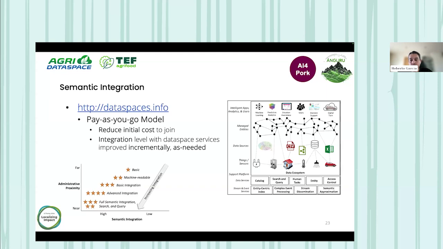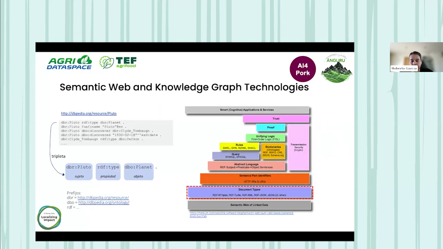So you can share the data in whatever format you have it, and it is later where you will put the effort for the semantic integration of all that data, trying to identify patterns, based on the interest of who might be the potential consumer, or maybe who is producing the data, to enhance it and make it more valuable for the consumers.